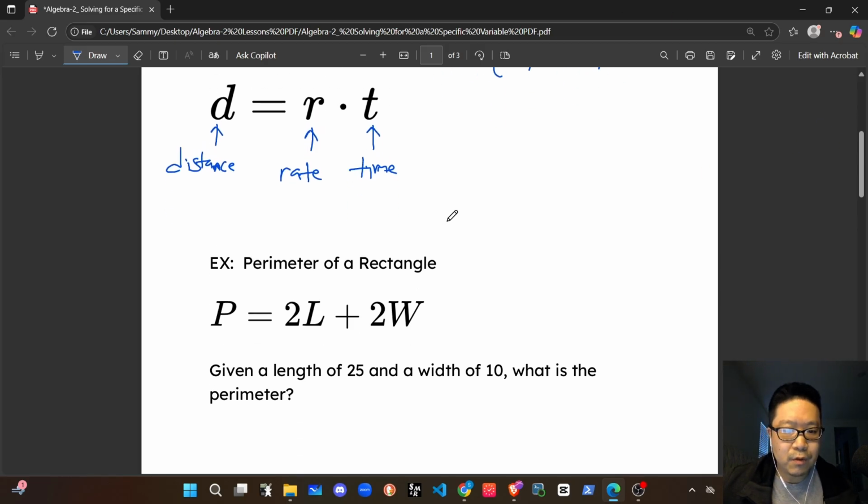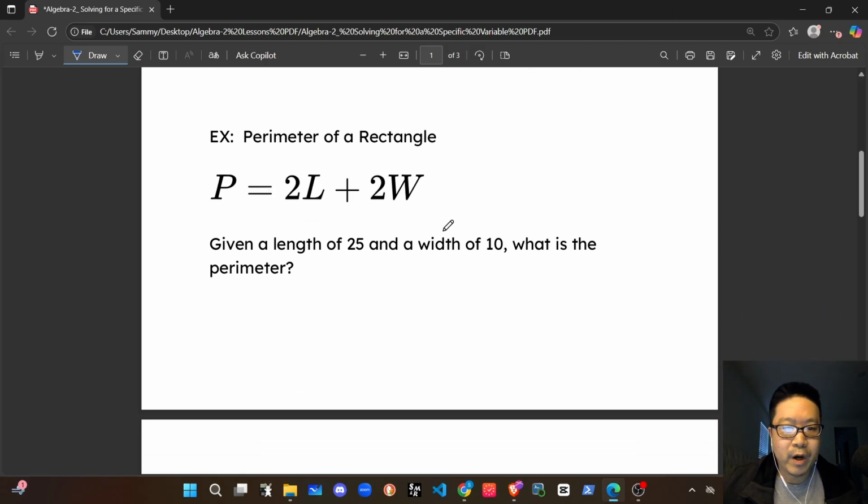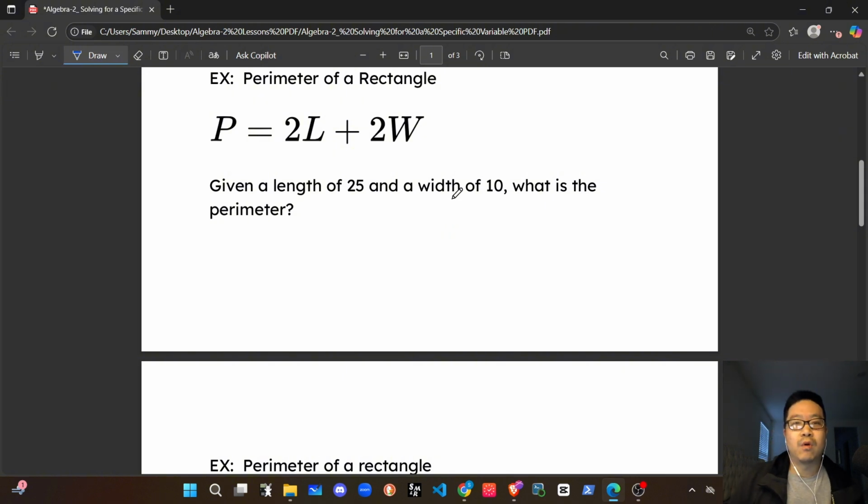Let's move on to our next example, where we have the formula for the perimeter of a rectangle. In other words, perimeter P equals twice the length plus twice the width. And it's asking, given a length of 25 and a width of 10, what is the perimeter?